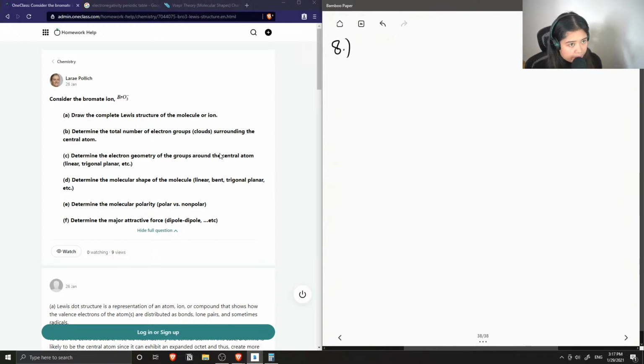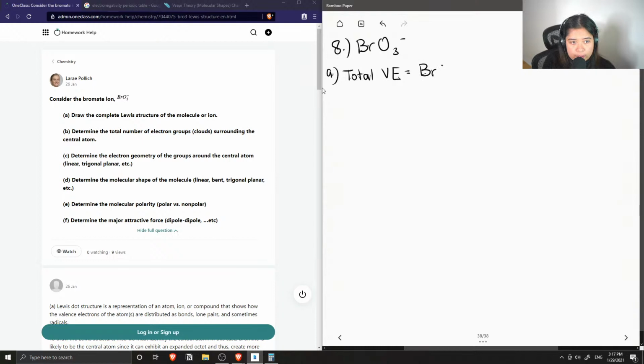Okay, so we have the bromate ion, which is BrO3 minus. For part A, when we need to draw the Lewis structure, we first need to find the total number of valence electrons for this ion.